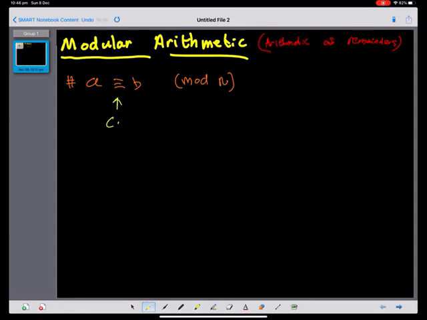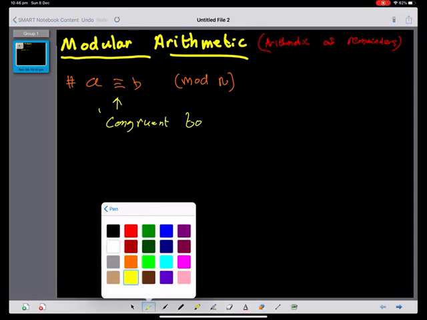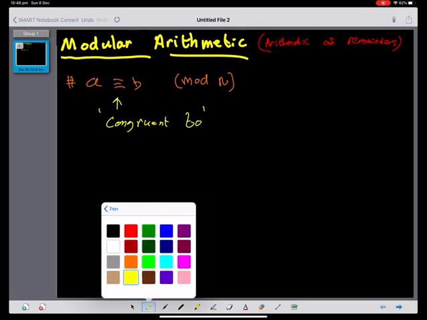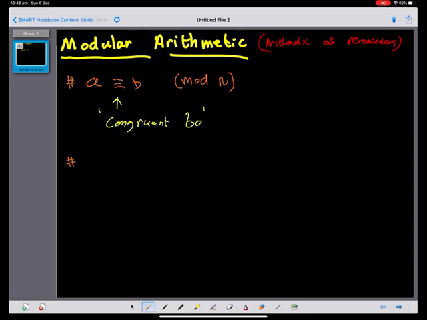This is congruent to, and we're going to say that A and B are integers, and we're going to say that n is a positive integer.